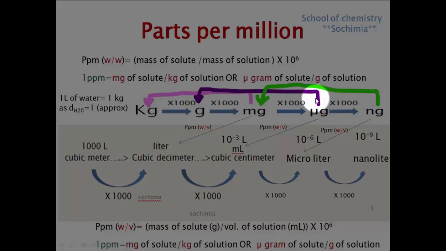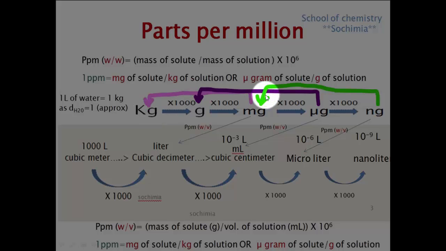If you see here, milligram to kilogram, there are 2 conversion factors, each of 1000. So 1000 into 1000, 10 raised to power 6, or 1 million. So we can say that 1 milligram is 1 millionth part of a kilogram.